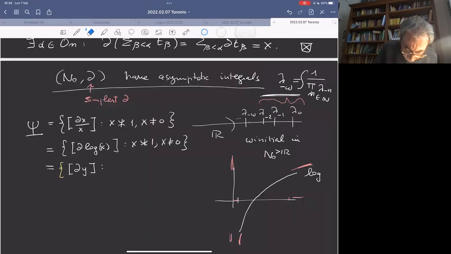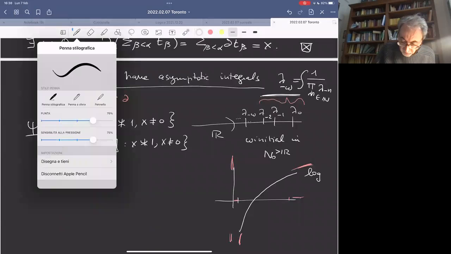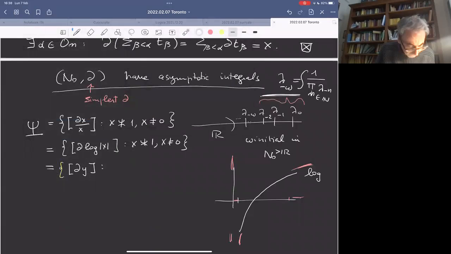Maybe I should put log of absolute value of x if you want to be very precise. So this coincides with the log of the y's such that y is infinite, because the logs of those x's are exactly the infinite y's, positive or negative.